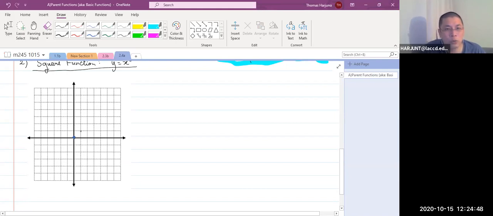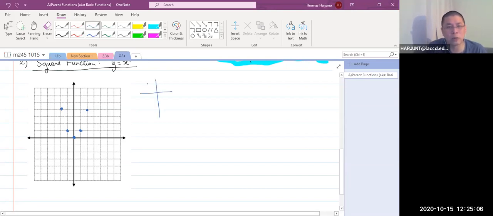When x equals 1, y is 1. When x equals 2, y is 4. Likewise, when x is negative 1, y is 1, and when x is negative 2, y is 4.